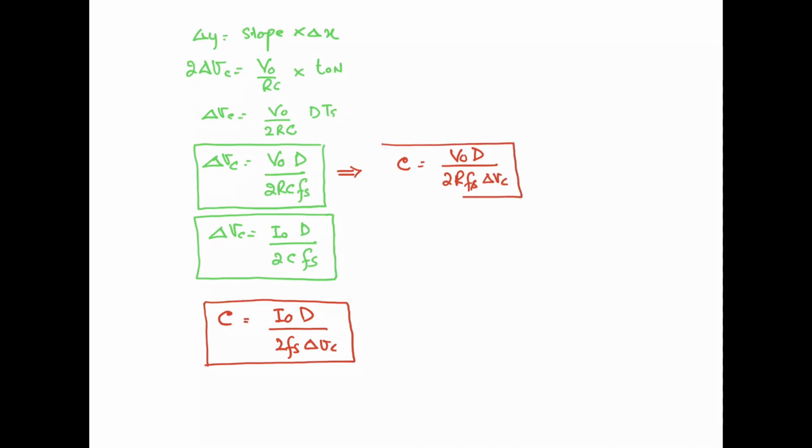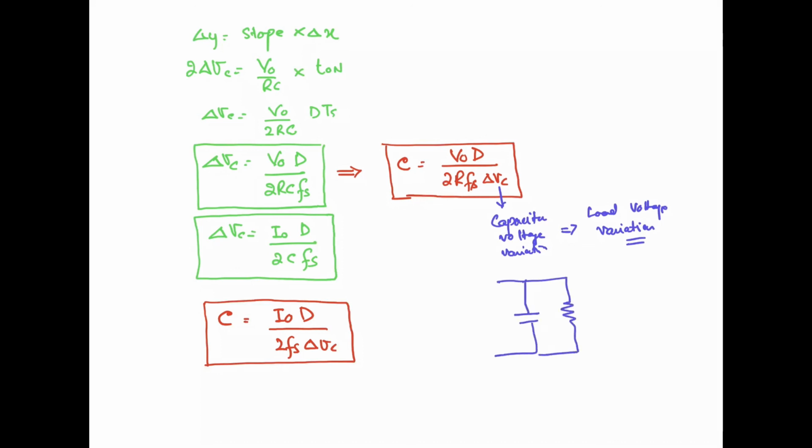And delta Vc is basically the load voltage variation, that is, it will be equal to the capacitor voltage variation, because your capacitor is connected in parallel to your load resistance.